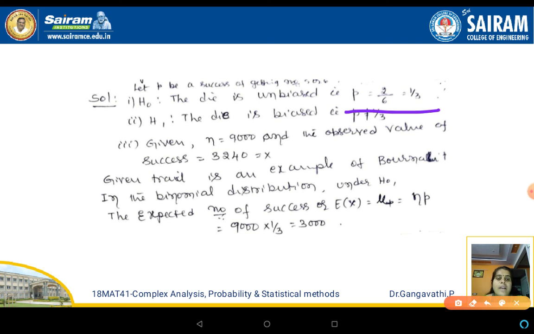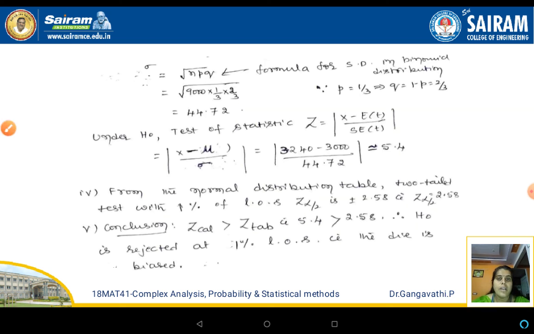So n is 9,000 and p is 1 by 3. Therefore, the value of mu is 3,000. And evaluating sigma, that is the square root of npq, which is the formula for standard deviation in the binomial distribution. Substituting for n, p and q, we get sigma equal to 44.72.